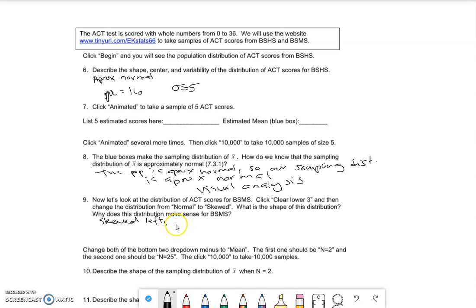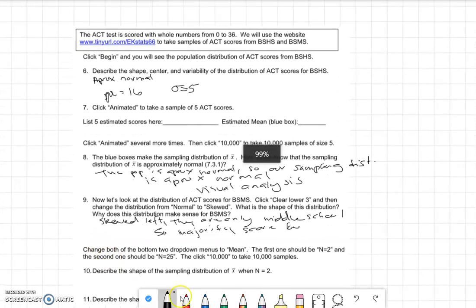And why does this make sense for Bryan Station Middle School? That's because they are only middle schoolers. So the majority score low. Oh, I guess I did have a plan when I wrote it, BMS. Okay.